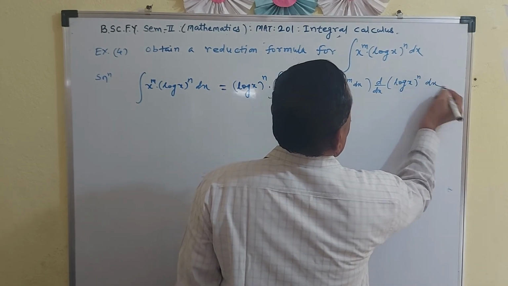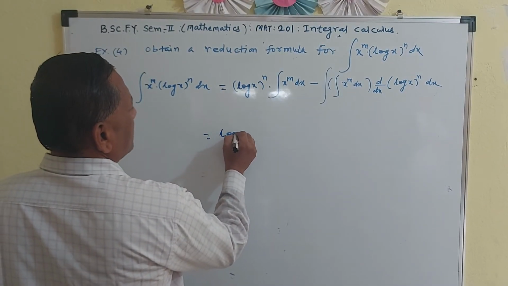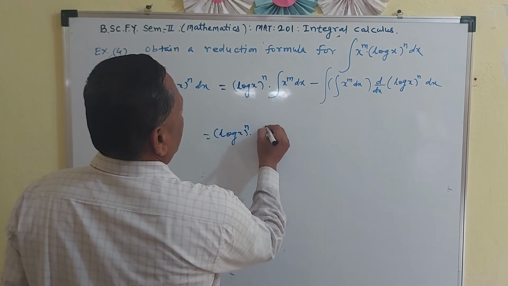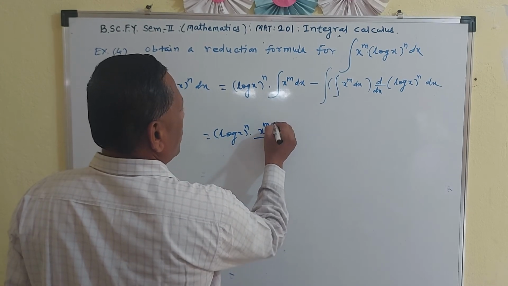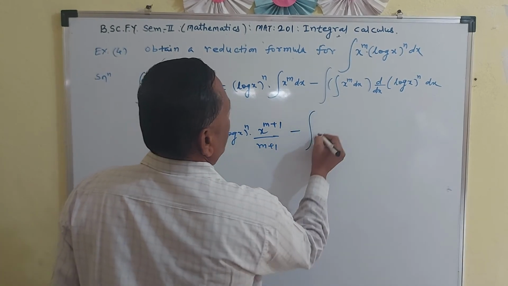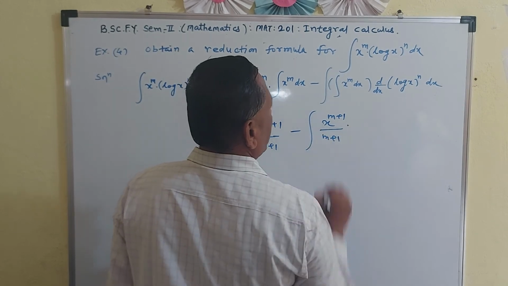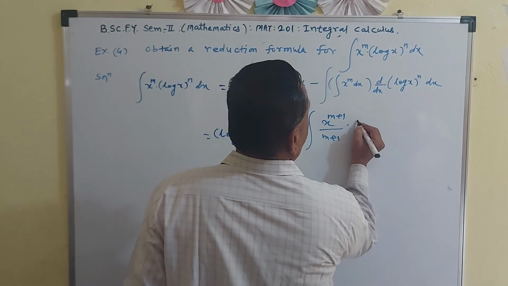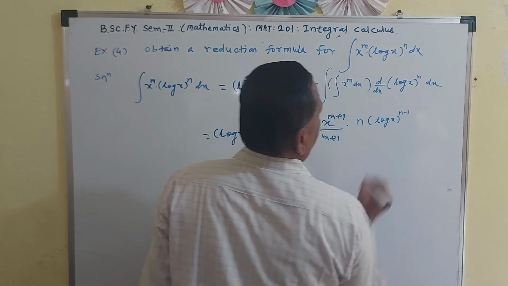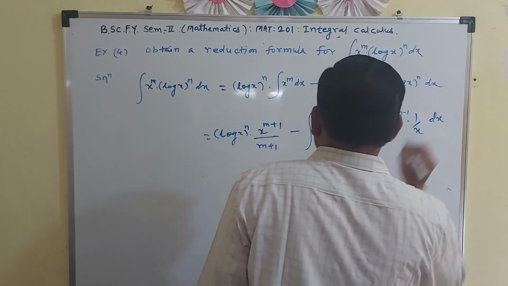raised to n dx. So it is equal to log of x raised to n, times the integration of x raised to m, which is x raised to m plus 1 upon m plus 1, then minus the integration of x raised to m plus 1 upon m plus 1 into the derivative of log of x raised to n, which is n into log of x raised to n minus 1 into the derivative of log x, that is 1 upon x, dx.